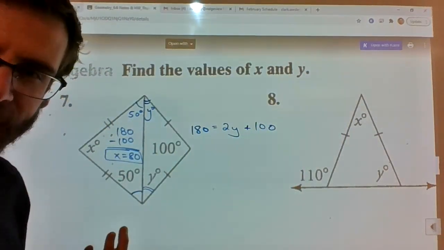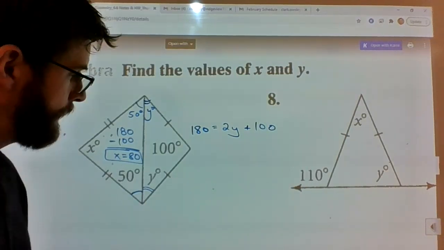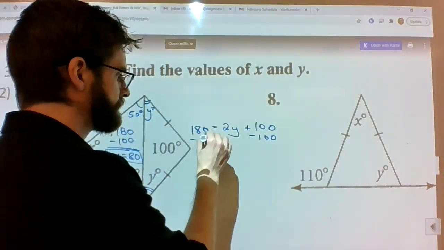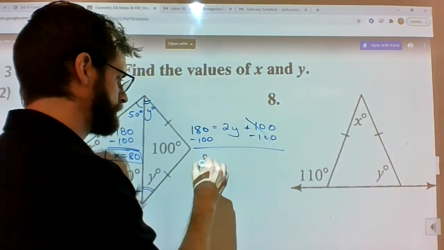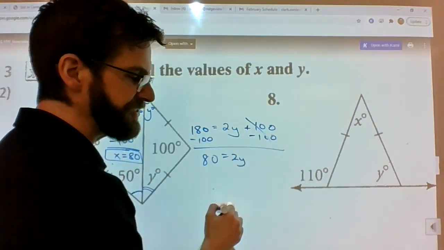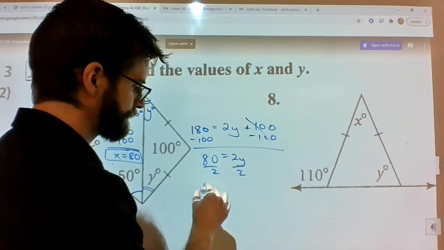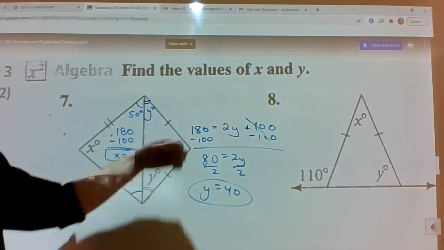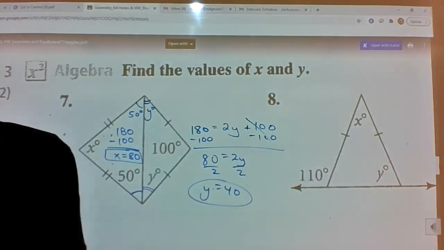So yeah, you'll still need to know how to solve equations, but they're relatively simple. Take away 100. Divide by 2. Got it.